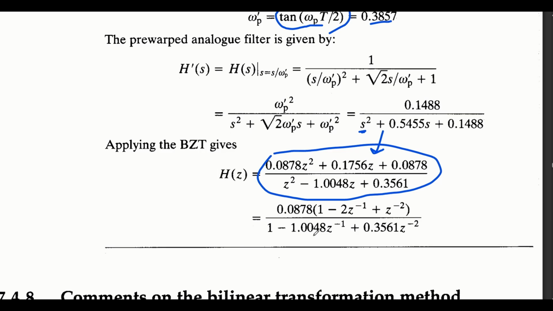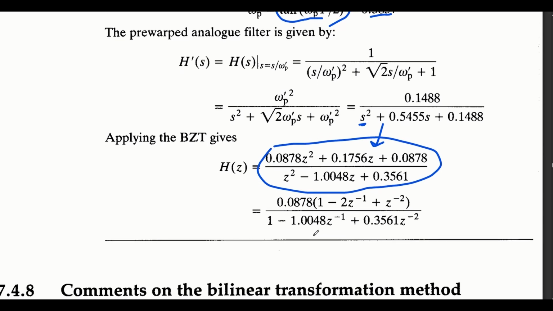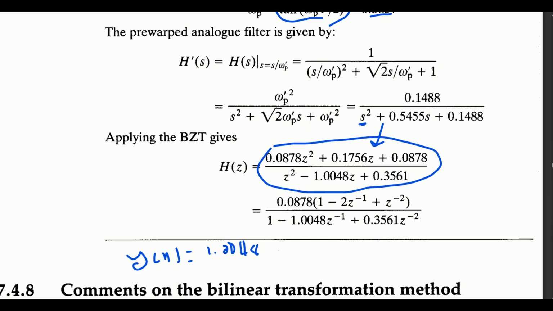Remember, it's the same procedure. Here they didn't write the answer, but let's try writing the answer out. So the answer will be y of n equal to, this is a negative figure, so it will become positive, 1.0048 times y of n minus 1 minus 0.3561 multiplying y of n minus 2.